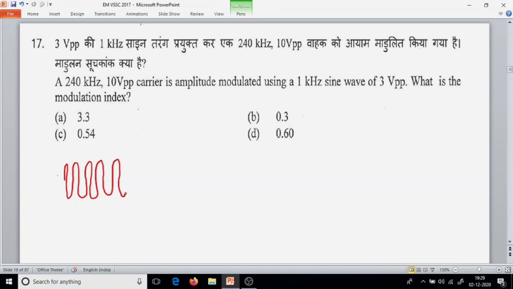My drawing skills are very bad. In amplitude modulation, the carrier amplitude changes and the frequency remains constant. Now the amplitude modulated wave will look something like this.